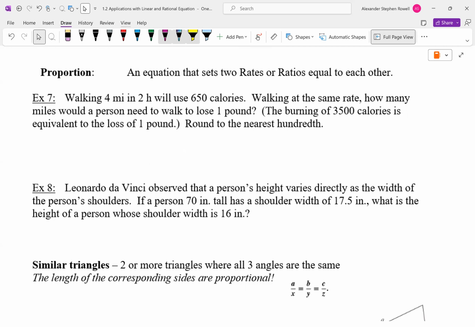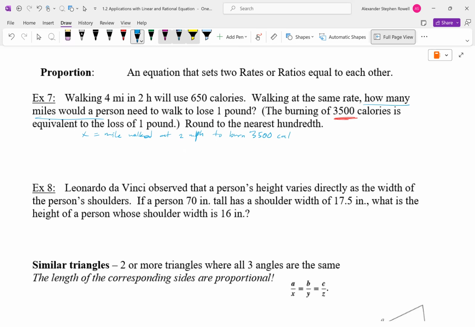Okay, so how many calories in a pound? Wow, 3,500. So what are the things we're comparing? So what's the question asking for? How many miles? So let's say X equals miles walked at the same rate, so at 2 miles per hour, to lose, or we'll say burn, 3,500 calories.